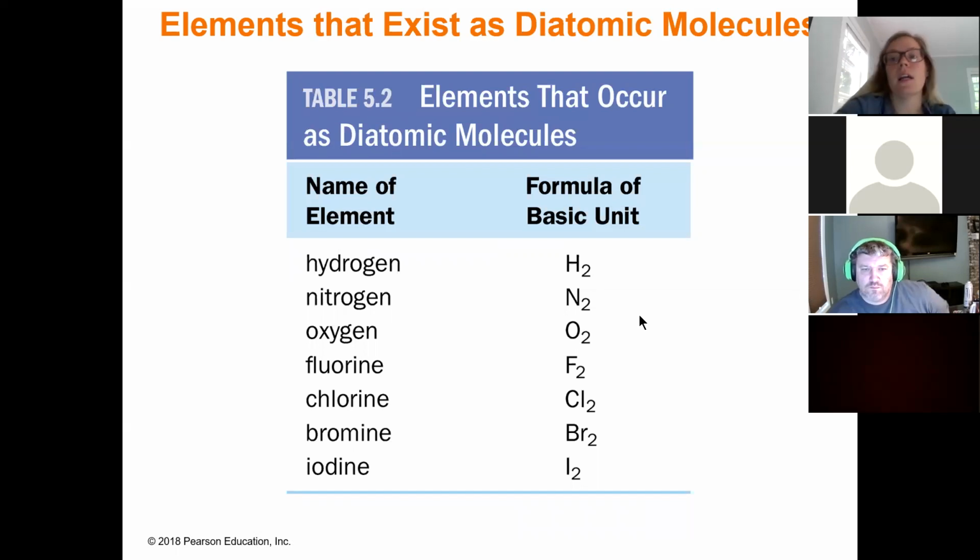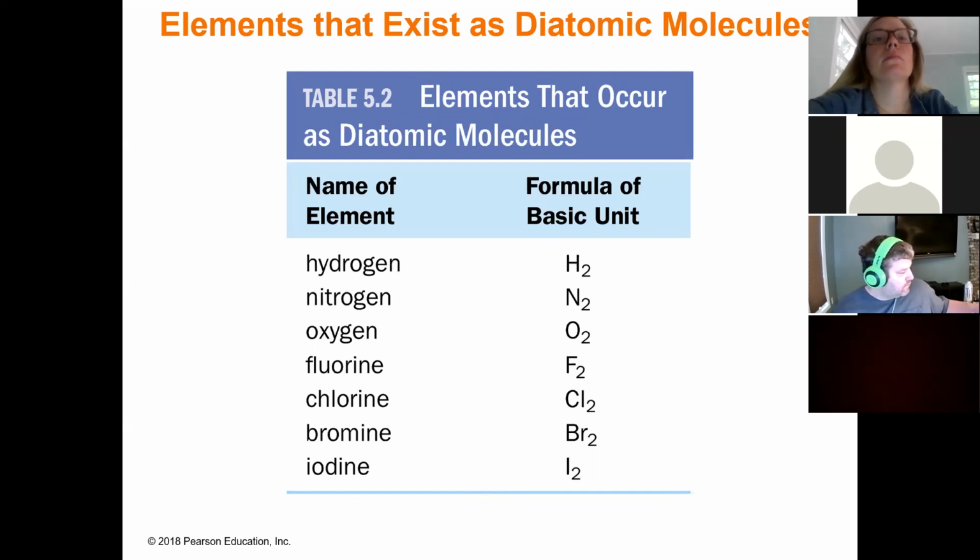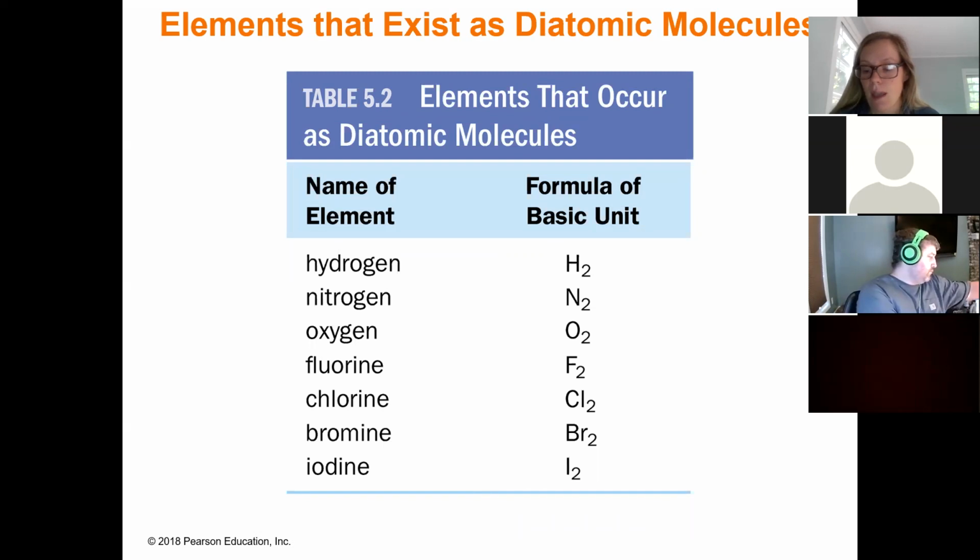So if you look at your periodic chart, we've got hydrogen. We jump over, so go hydrogen, move to the right, jump over to nitrogen. And then you go nitrogen, oxygen, fluorine, and then drop down chlorine, bromine, iodine. So you make like an upside down L. But don't forget hydrogen.